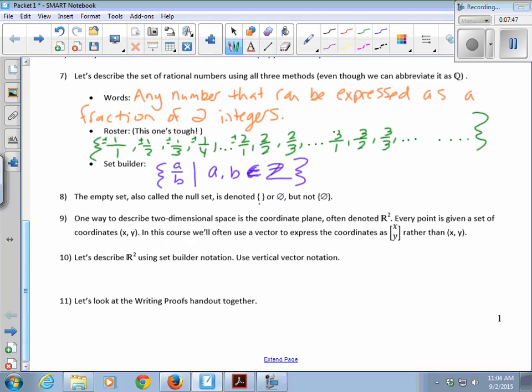All right, so if I wanted to describe the set R2 using set builder notation and vertical vector notation, it would be the set of all vectors x, y, such that what has to be true about x and y to create all of the coordinate plane?